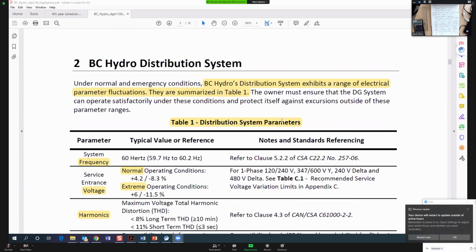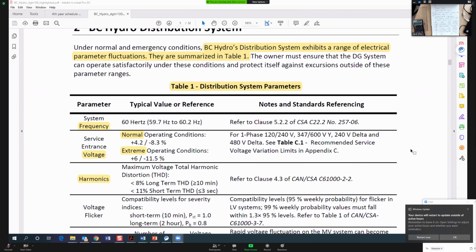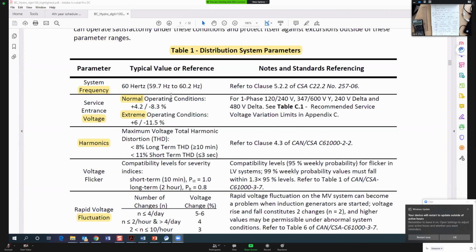The utility network will also have a range of parameter fluctuations, which they list down here. So when you answer the question, be careful, because when we ask whether your system is on the BC Hydro system, they give a wide range for certain things.